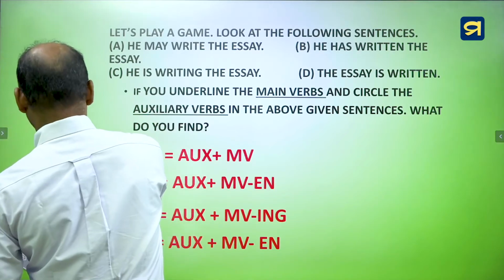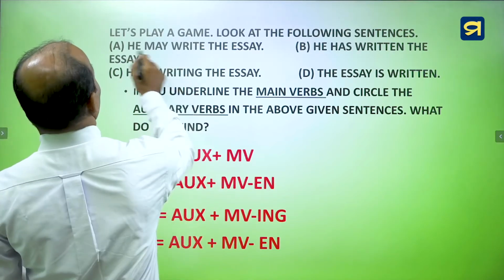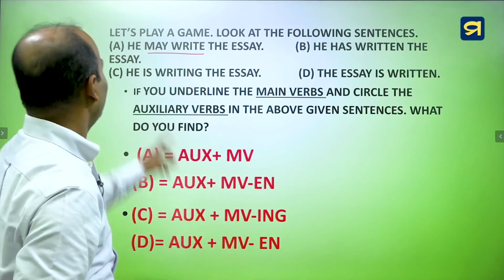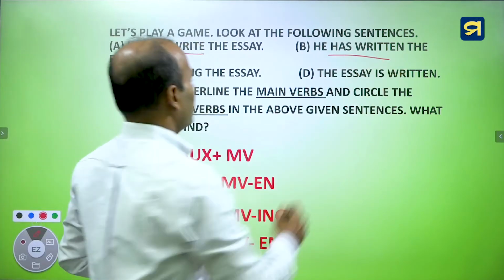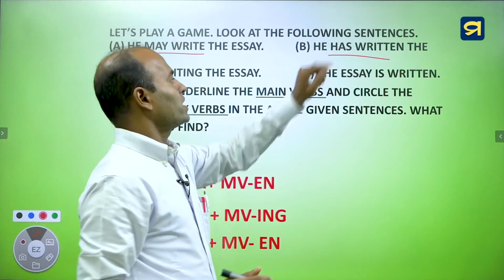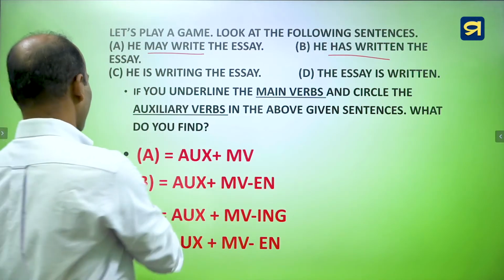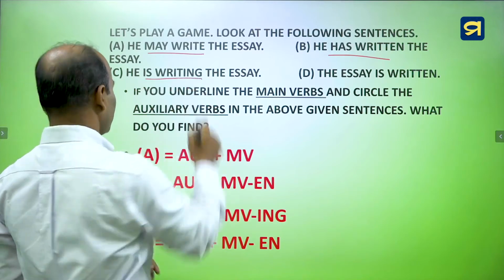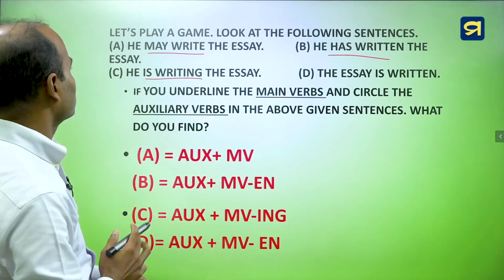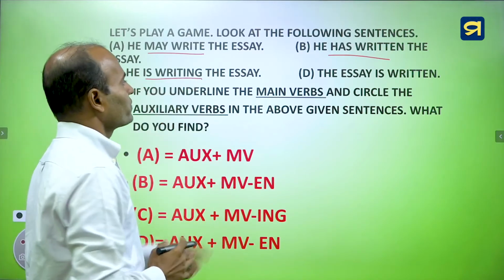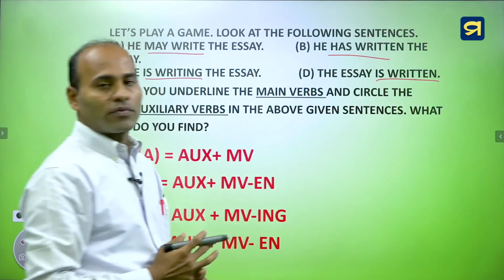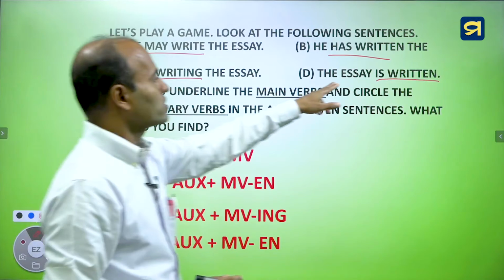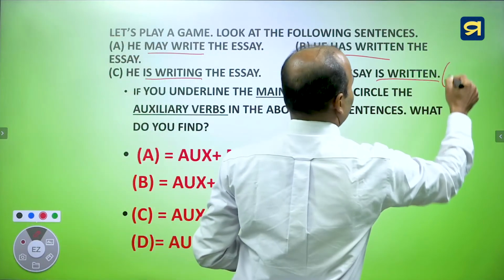In A, you can see may write, auxiliary plus main verb. In B, has written, auxiliary have/has plus third form. In C, is writing, auxiliary plus verb-ing. And in the last sentence, is written, be verb plus third form, which shows a passive form.